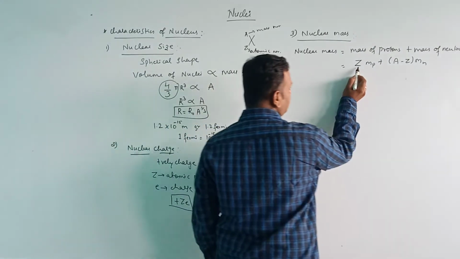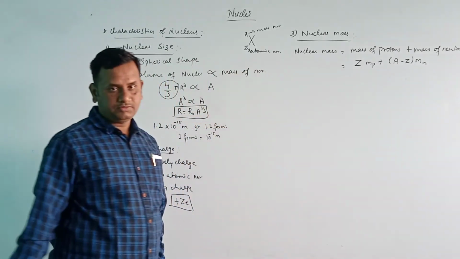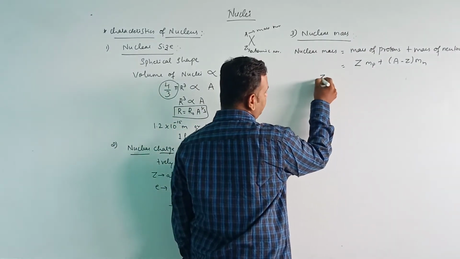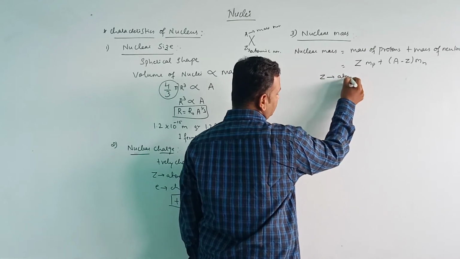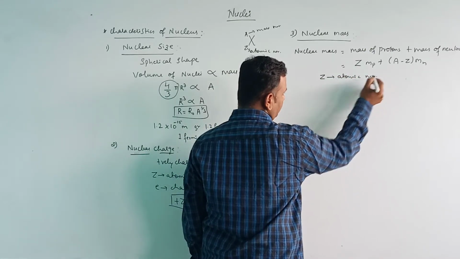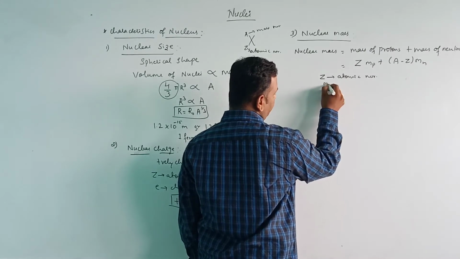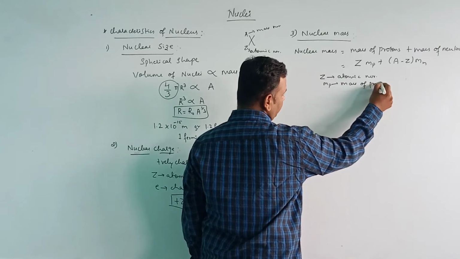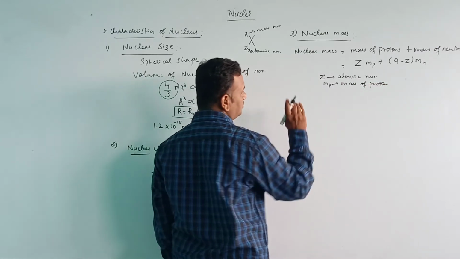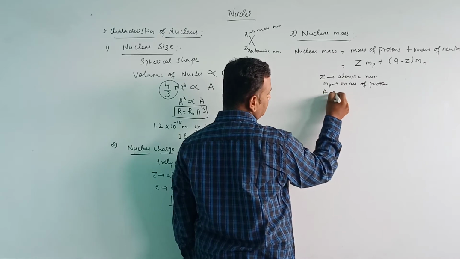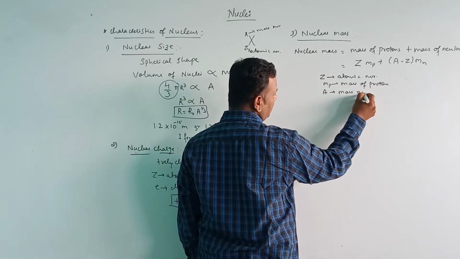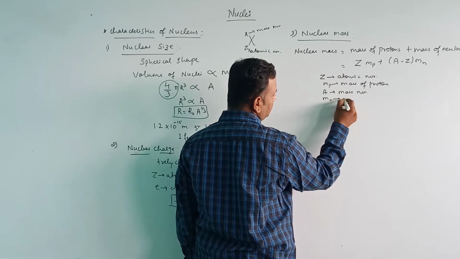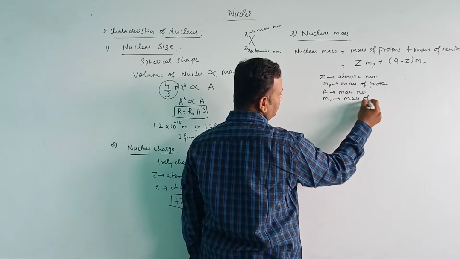Here Z means atomic number, Mp means mass of proton, A means mass number, and Mn means mass of neutron.